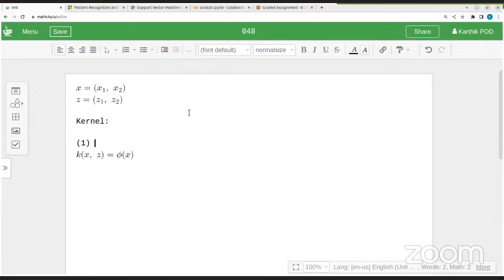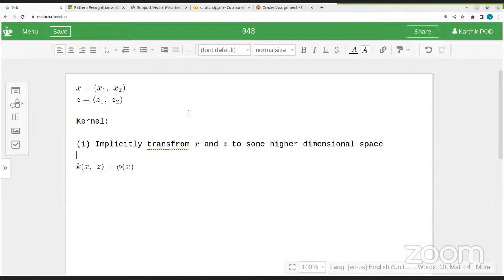First step, implicitly transform X and Z to some higher dimensional space. Second step, take their dot product. Third step, return this as output.